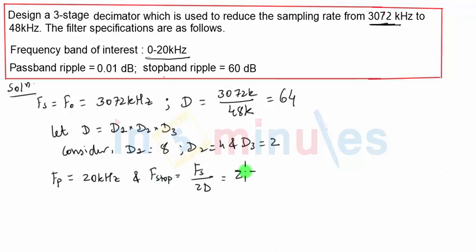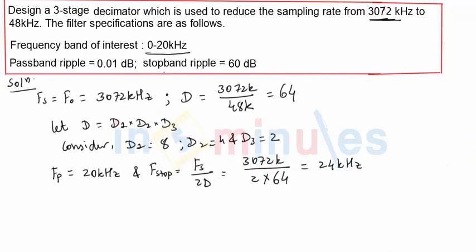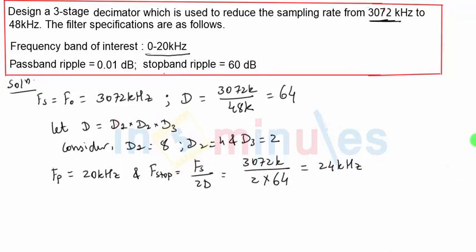Using the given values, fs is 3072k upon 2 into D, which is 64. F stop will be 24 kilohertz. So you can see the passband edge becomes 20 kilohertz and the stopband edge becomes 24 kilohertz. The stopband edge frequency will always be greater than the passband edge frequency.